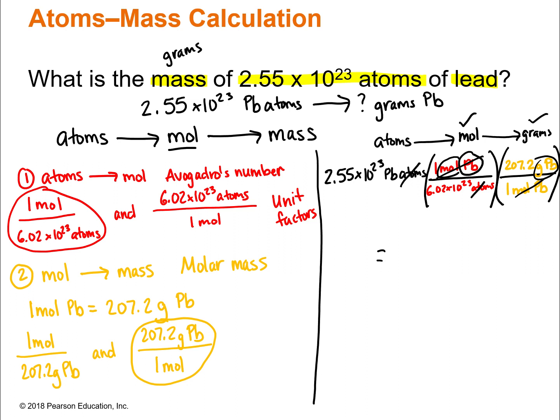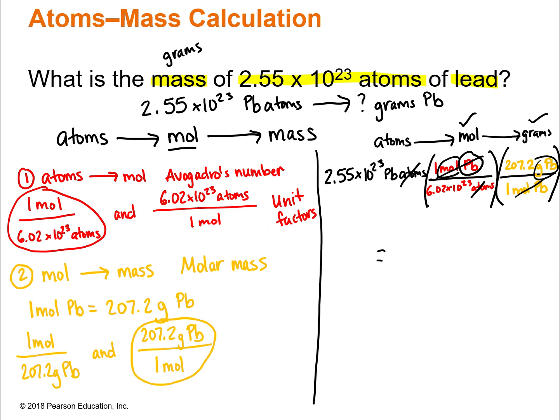When you're doing this calculation and you're putting it into your calculator, take the number of atoms, divide by Avogadro's number. Then you multiply by 207.2. Don't forget, if a number is in the numerator, you multiply. Number is in the denominator, you divide.